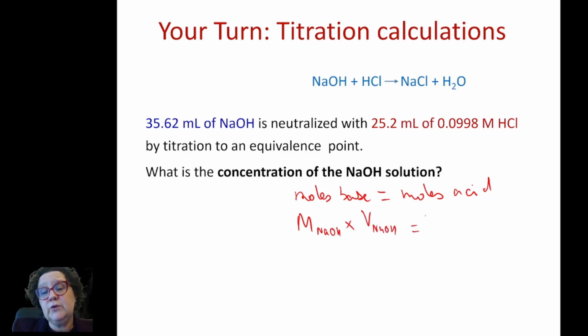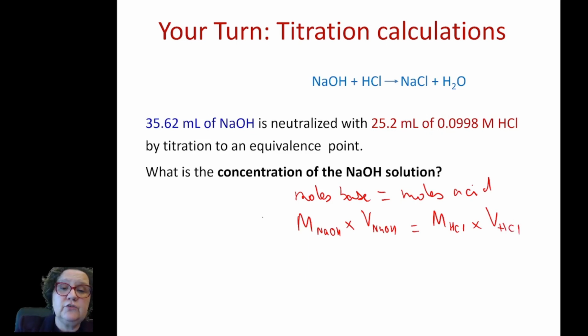And the moles of acid will be the molarity of the acid, in this case HCl, times the volume of the acid. And the coefficient of the acid times the coefficient of the base. And in this case, it doesn't matter because the reaction, lovely, is 1-to-1, so those two numbers will be 1.